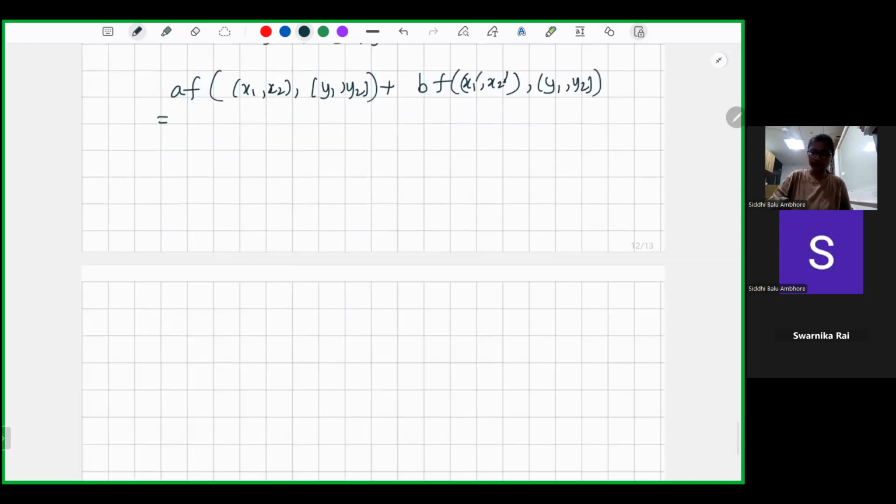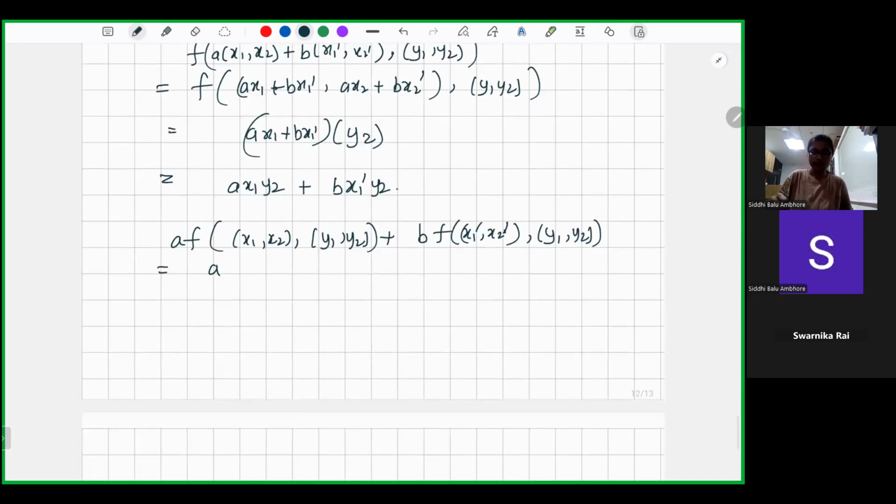Sorry, here the a is outside. And this now becomes a x1 y2 plus b x1' y2. And this is exactly what we have.